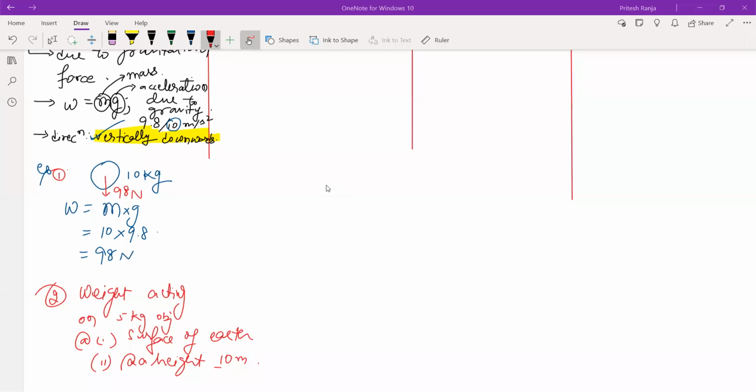Weight will be same, that's right. And that will be 49 newtons, because weight formula देखो, weight का formula क्या है?